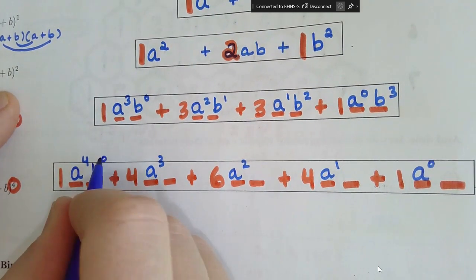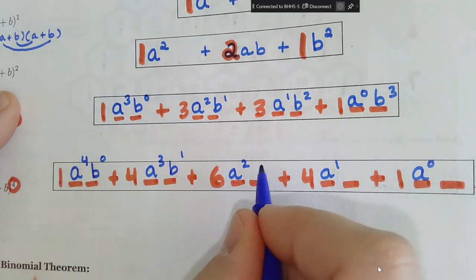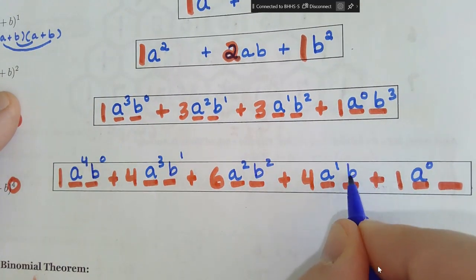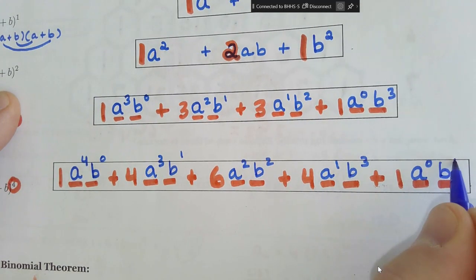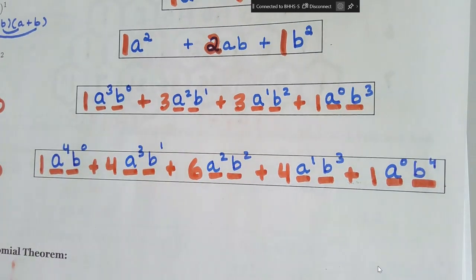So B to the 0, B to the 1, B to the 2, B to the 3, B to the 4. Oh, Klein, I see it. This time, if you look at any term, what do the 2 exponents add up to? Yeah. So that's a nice way to keep yourself organized, that you know what the exponents are always going to add up to, and you know what the coefficients are because you know Pascal's triangle.